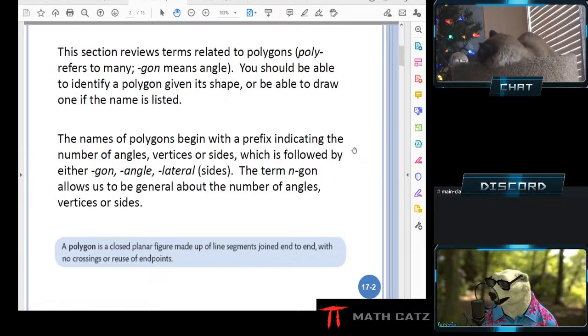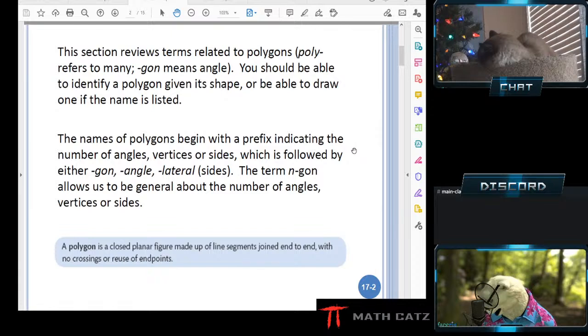Now, just to make things a little bit more interesting, these things were sort of developed over time without a lot of forethought about where this could go. As people discovered polygons and shapes, it started with a simple triangle. And they didn't think, oh, where could this go one day?